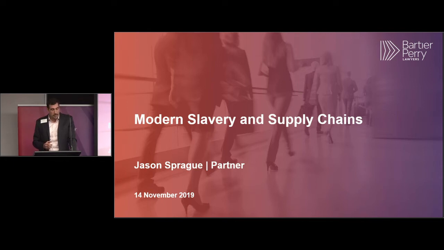And another stat is that 1 in 4 victims of modern slavery are children. So it is a big problem. It's a global problem. It's a social issue, and it's something that a lot of businesses should now look at, and look at their supply chain to see what they can do to stop it.